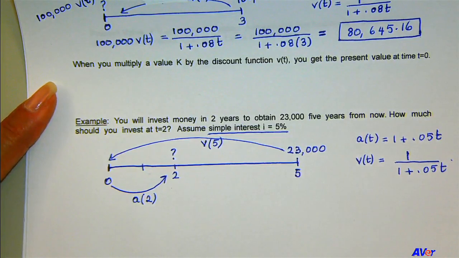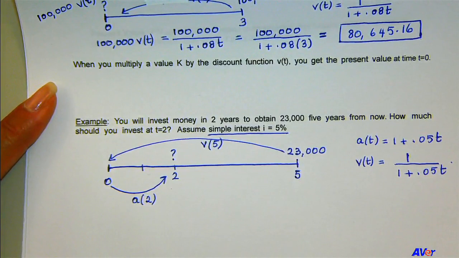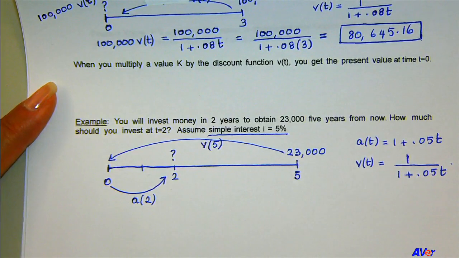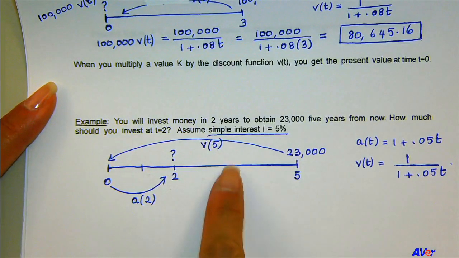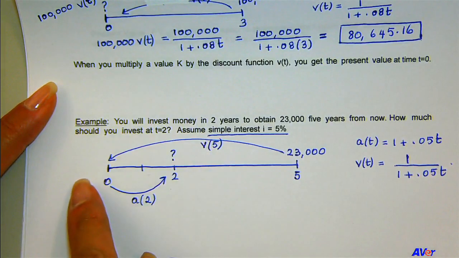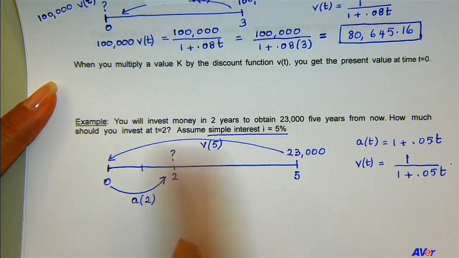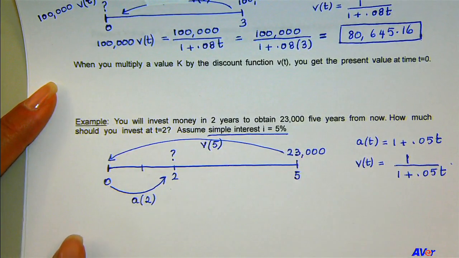Simple interest has a monotonically decreasing effective interest rate, right? So not only does it matter how many years you are discounting, but it matters where on the timeline those 3 years are. Because bringing back from time 3 to time 0 is different than bringing back from time 5 to time 2.